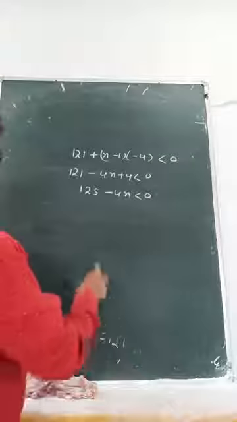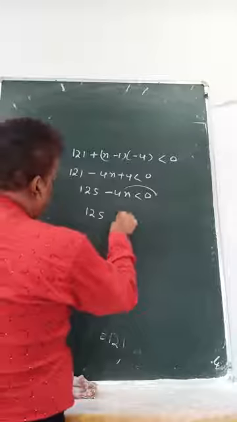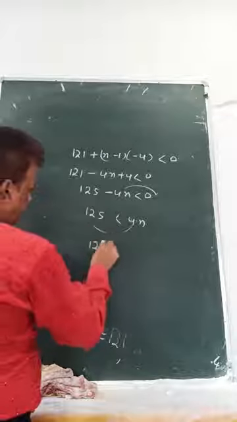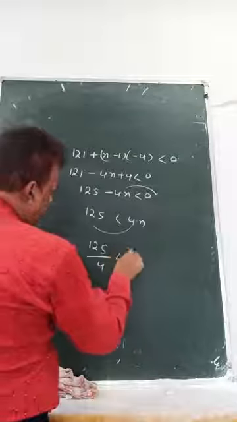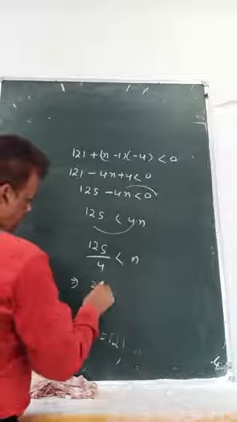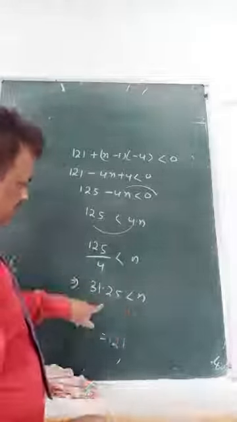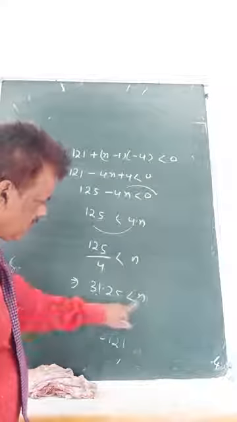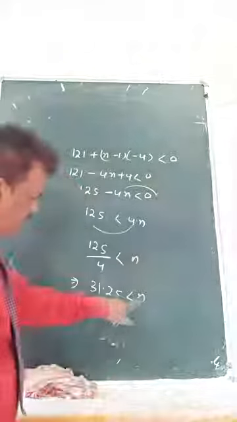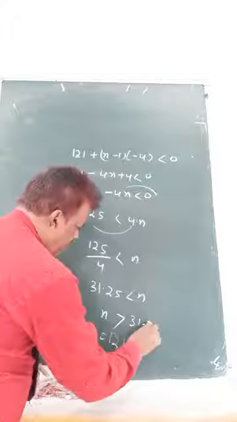Then if I take this to this side, 125 is less than 4n. 4 will be divided. 125 by 4 is less than n. You can do the division. Now reverse it, because you want to find n. n will be greater than 31.25.